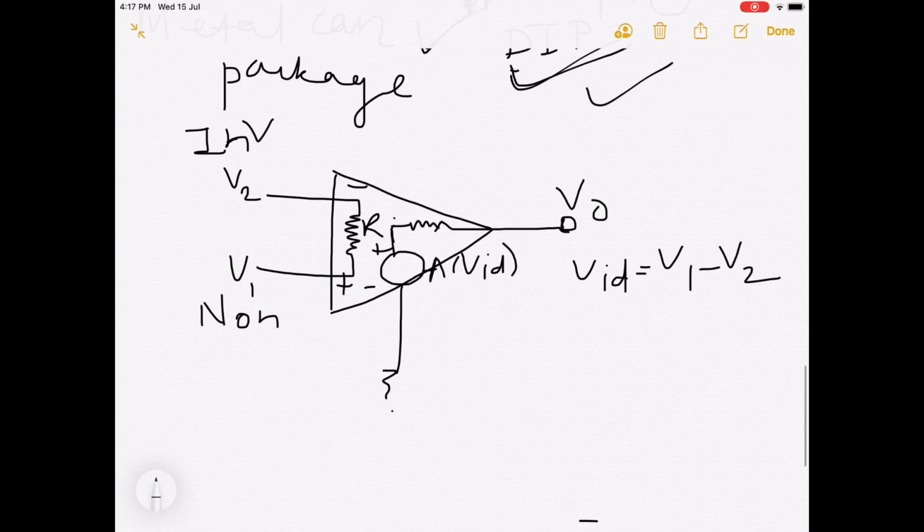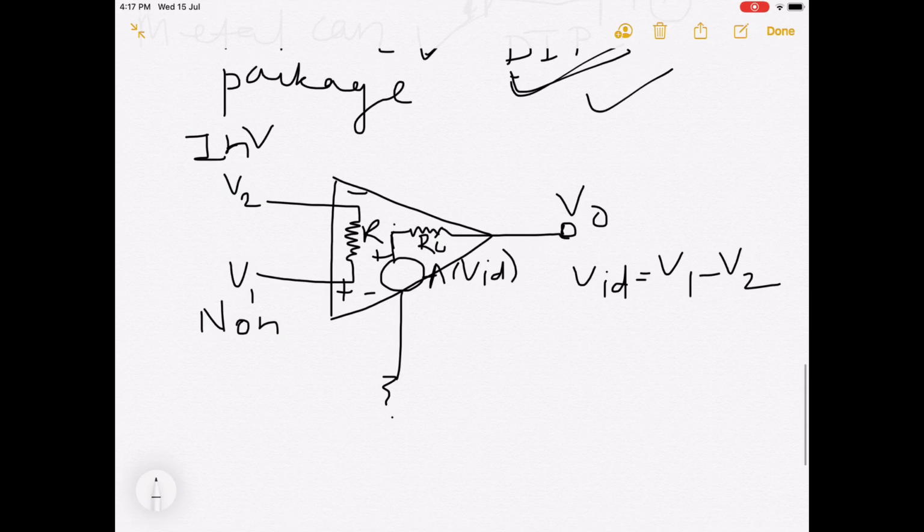This resistor is nothing but RO, the output resistor. A is the large signal voltage gain.